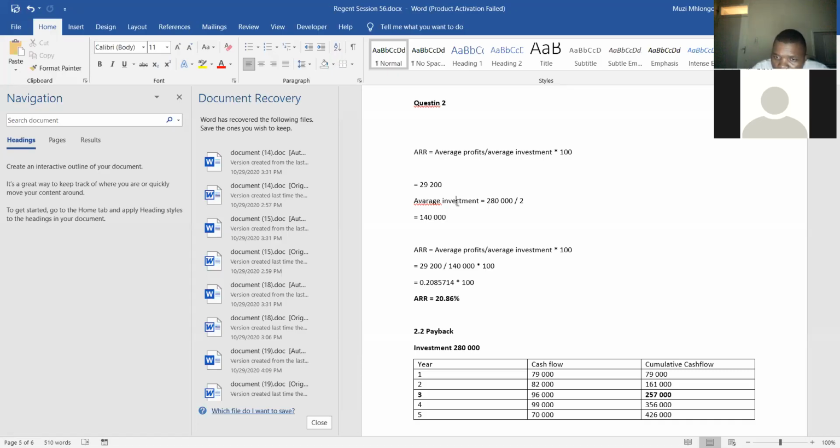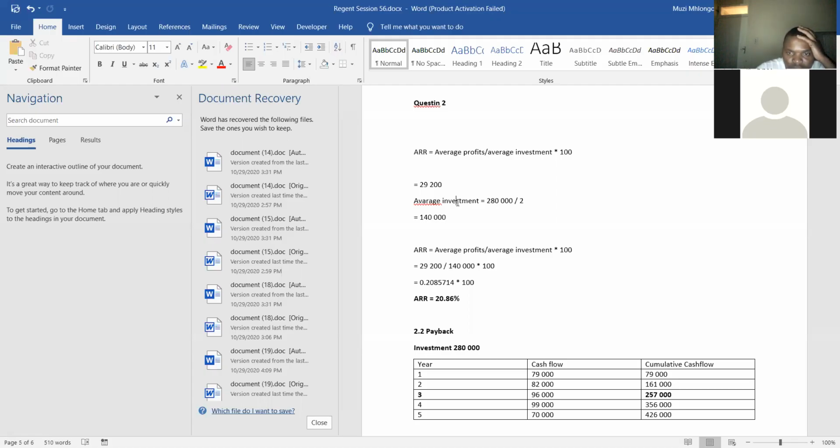So cash flows, it's a net profit plus depreciation, right? Okay, so here we get 40,000. Is it something that we are given in the question? Which 40,000 are you talking about?